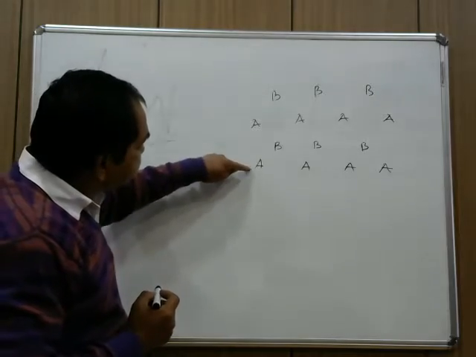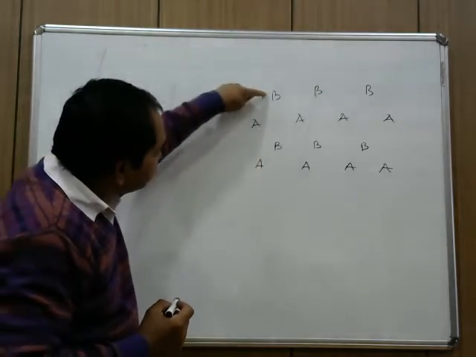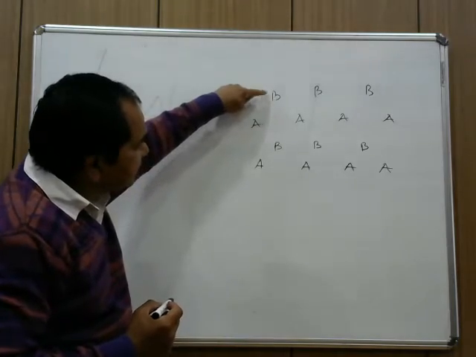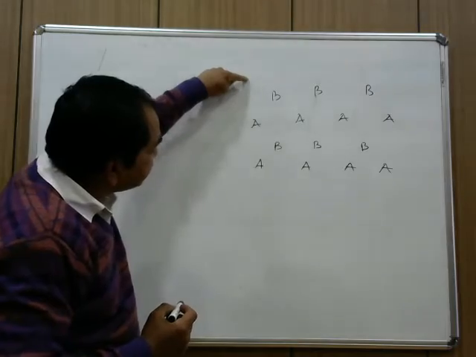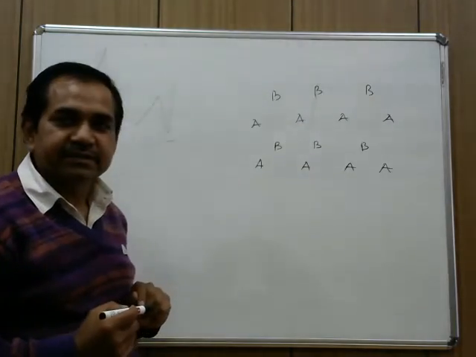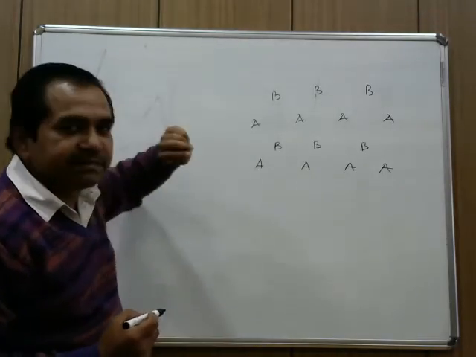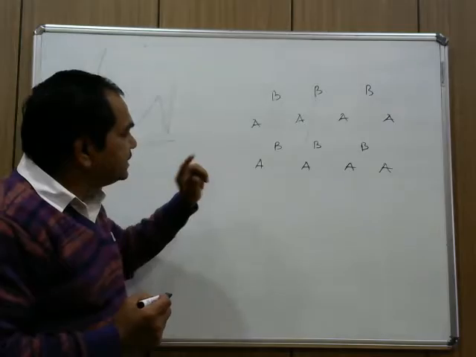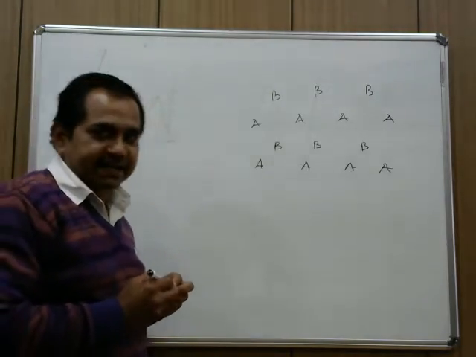So the squares of the first and third rows are identical. Squares of the second and fourth rows are identical in a similar way. Third and fifth, fourth and sixth are identical. So this is actually an AB type of arrangement, and this is called hexagonal close packing.